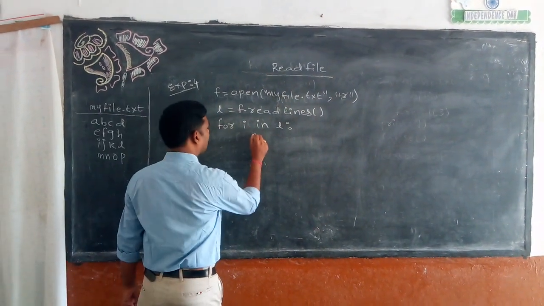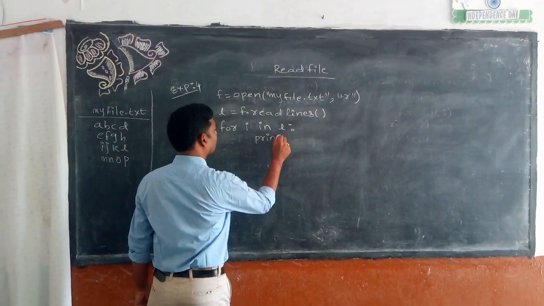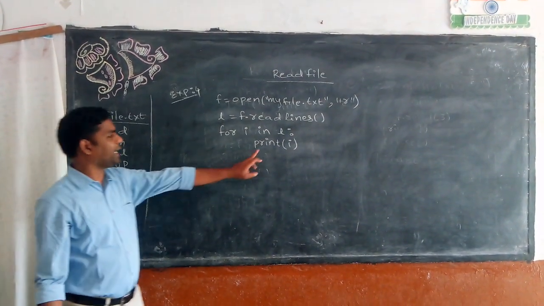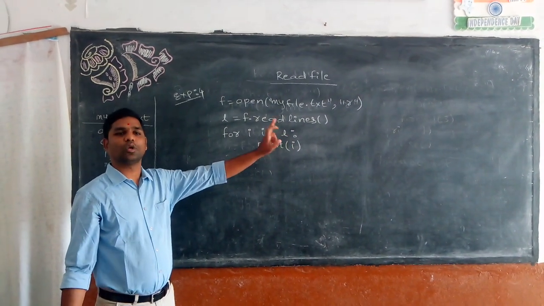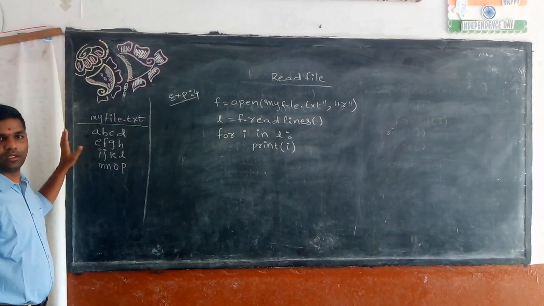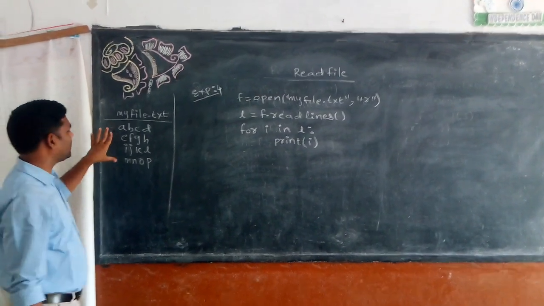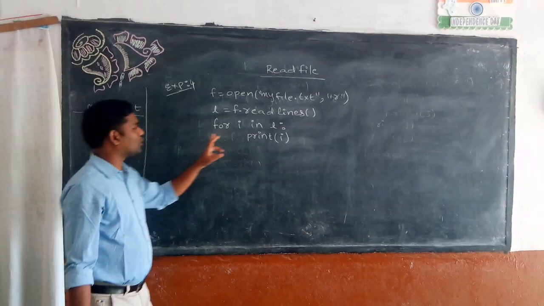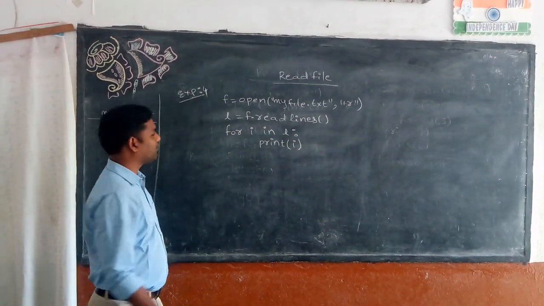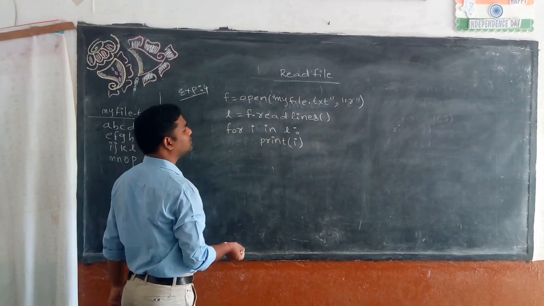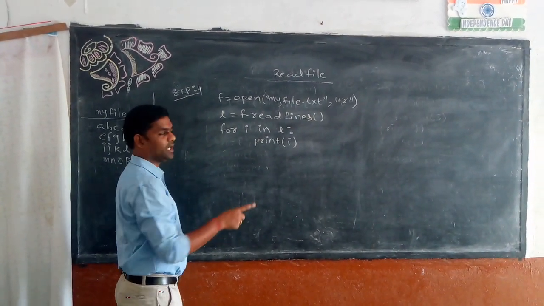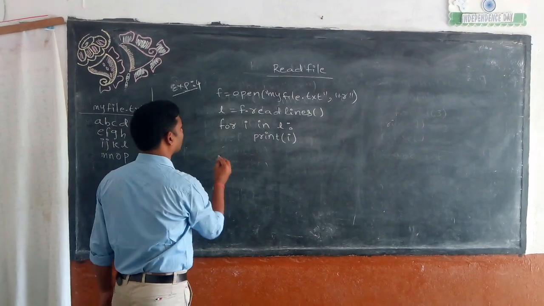So I say print I. How many items are stored in the list? The total number of items is equal to the total number of lines in our source file. The source file has 4 lines, so the list has 4 items. That means this loop will iterate 4 times. In each iteration, it will read one line of data and print it.